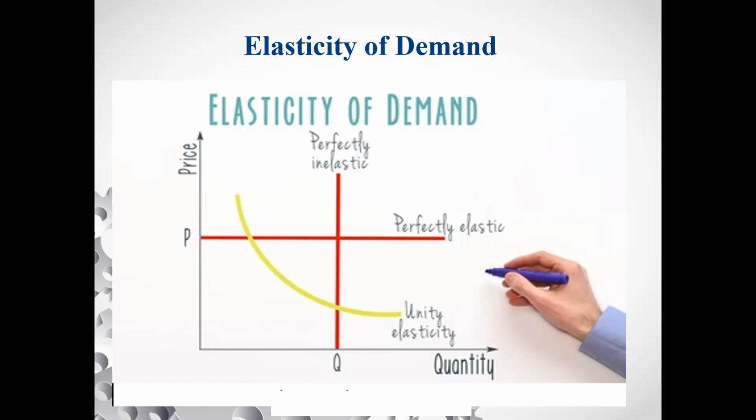Sometimes, in order to create a false demand, they will stop the supply. The best example I can give you is petrol. If the petrol charges increase overnight, petrol will be available in the petrol bunk, but they will stop the supply to increase the demand.